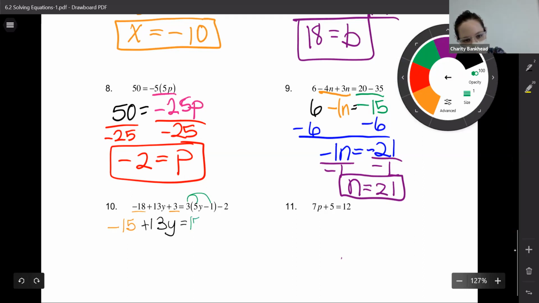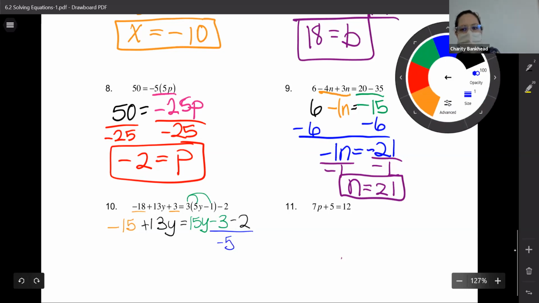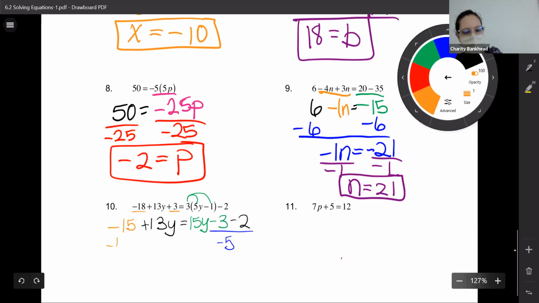So that makes that 15y minus 3. And bring down the negative 2. All right, let's see. Now I still need to simplify one more step over here on the right side. Negative 3 minus 2 would equal negative 5. All right, and then I'm just going to bring everything else down. So I have negative 15 plus 13y equals 15y minus 5.